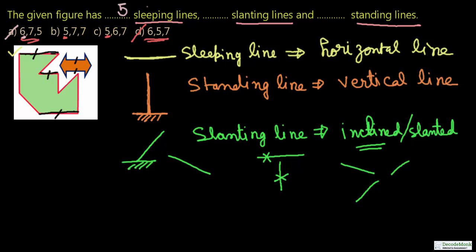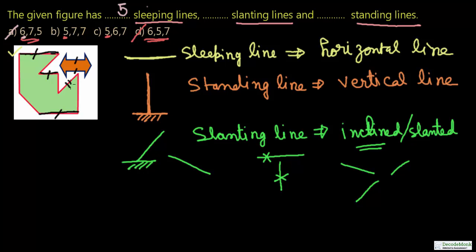So please remember this process of elimination. This will help you in answering your questions in many ways. Next, let us count the number of slanting lines. As we have seen, slanting lines are lines which are neither sleeping nor standing, but they are inclined. So you can very perfectly see the inclined lines. Let us denote inclined lines by 2 cut marks.